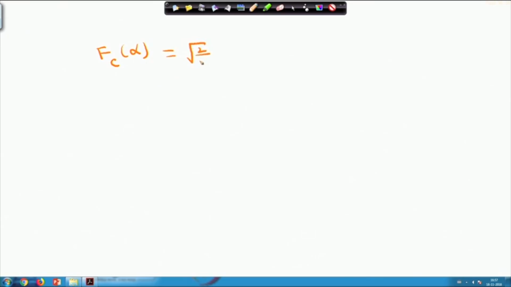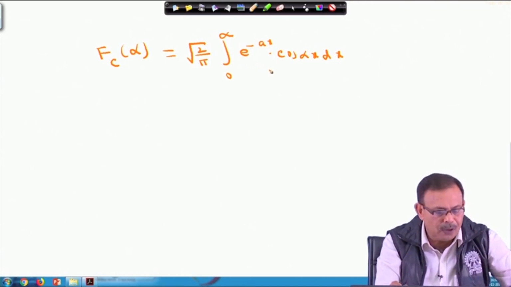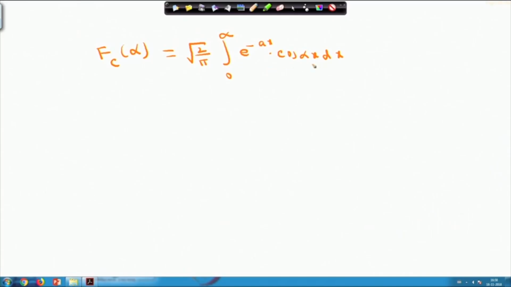From the formula we can write root over 2 by pi, integral 0 to infinity, e power minus a x into cos of alpha x d x. Please note that your function is e power minus a x and the formula is f(x) into cos of alpha x d x. Again, like the previous problem, I am assuming I equals integral 0 to infinity e power minus a x into cos of alpha x d x.